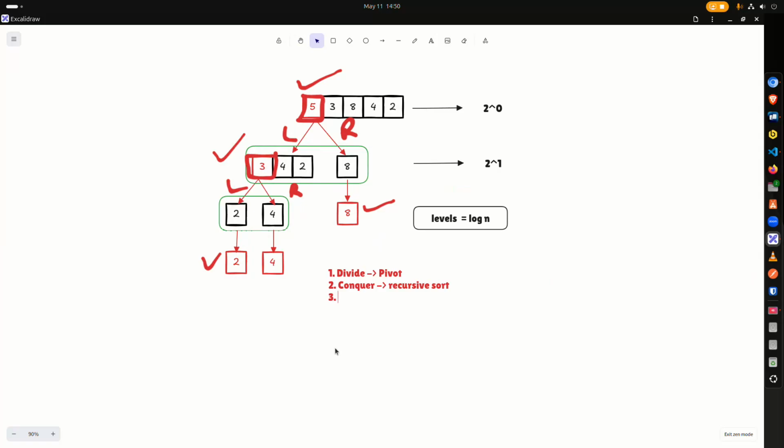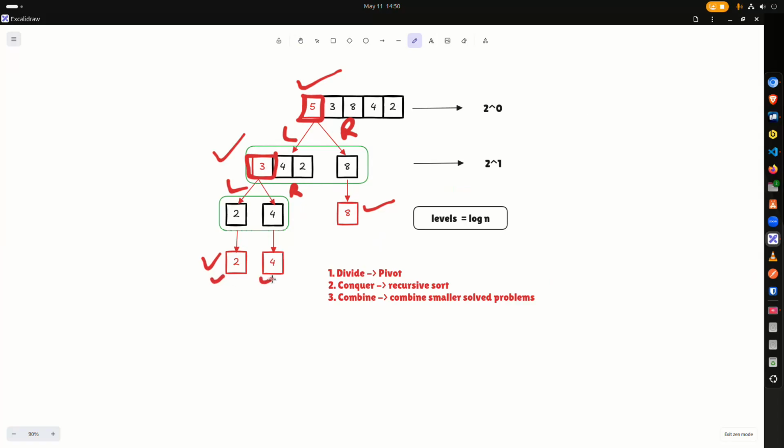And the last part is combine. In this step, we combine the smaller solved problems. In this case we can say that we already returned 2 and 4.